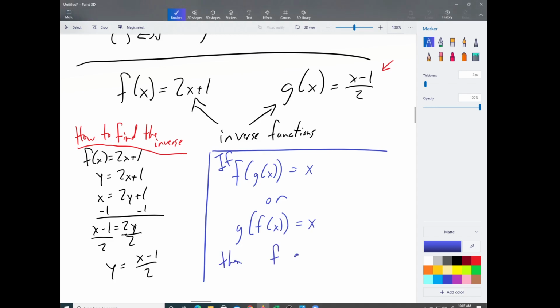Then f and g are inverses of each other.